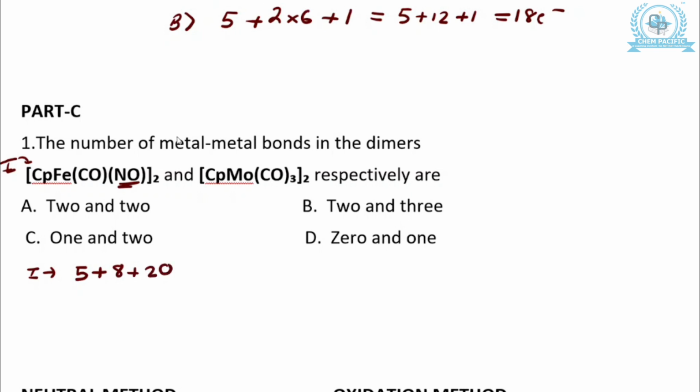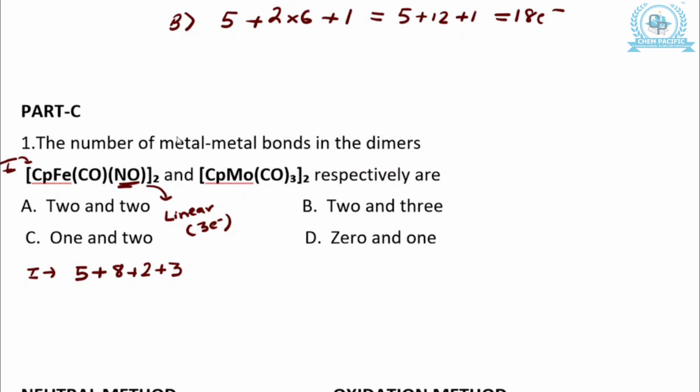I already informed you that whenever they have not specifically mentioned whether the nitrosyl is linear or bent, you have to consider it as linear nitrosyl only, and linear nitrosyl is always a 3 electron donor, which I have discussed in detail.